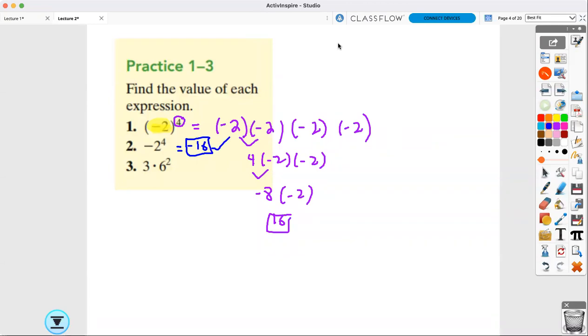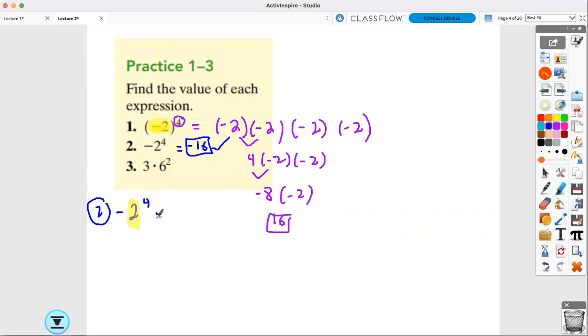I'm going to go ahead and work out the -2 to the 4 real quick. So I'm going to do that in blue. Number 2, -2 to the 4. Since there are no parentheses, what number is being raised to the power of 4? Just the 2, right? Not the negative, just the 2.